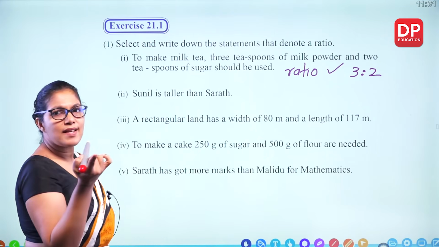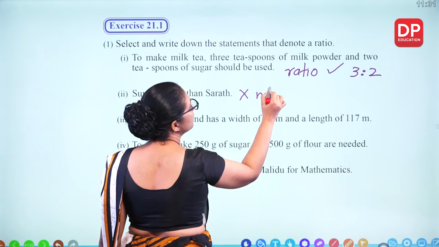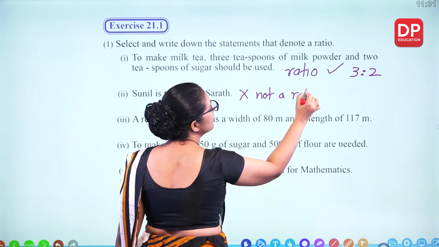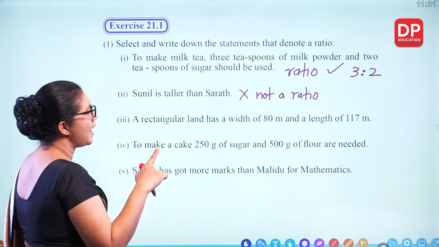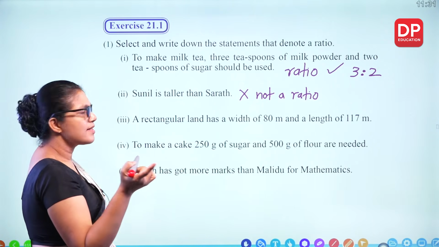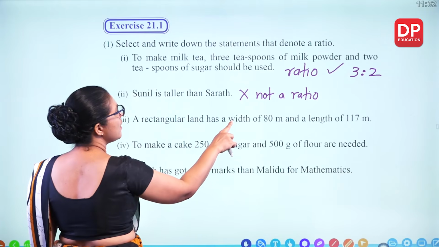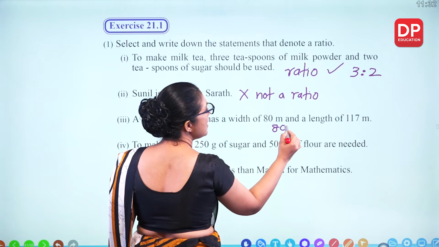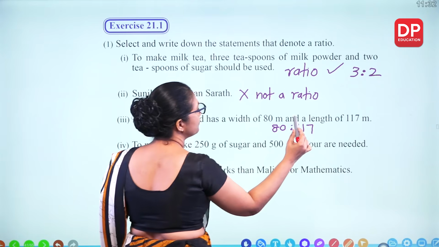Sunil is taller than Sarah. We don't know by how much. So not a ratio. A rectangular land has width 80 meters and length 117. So we can say length to width or width to length is 80 to 117. So there's a ratio.